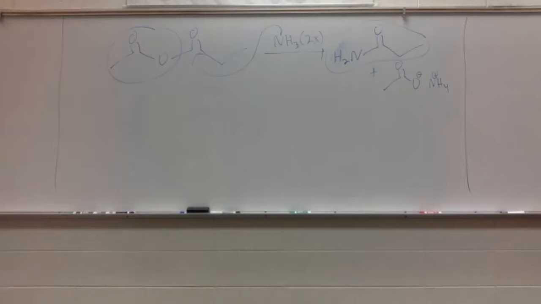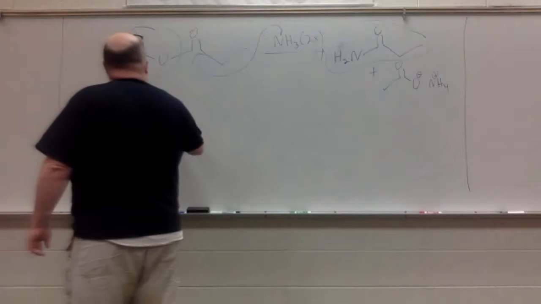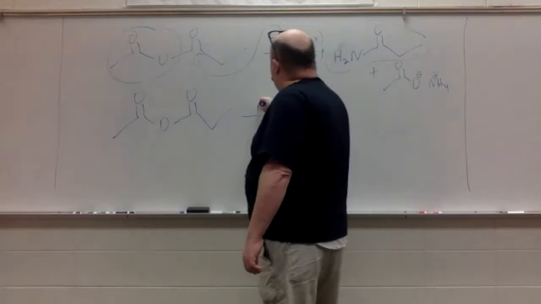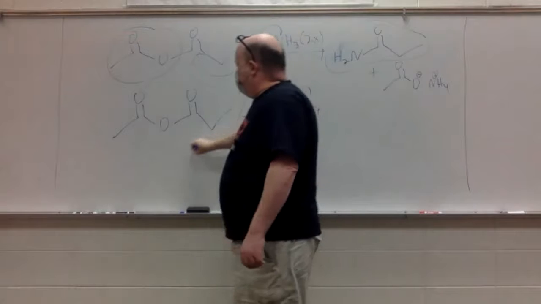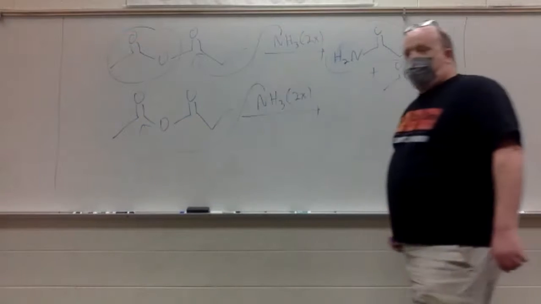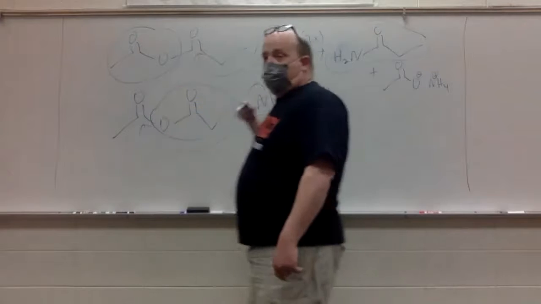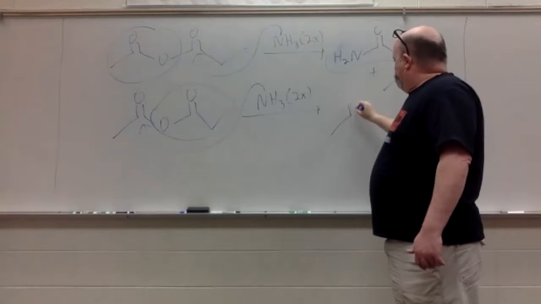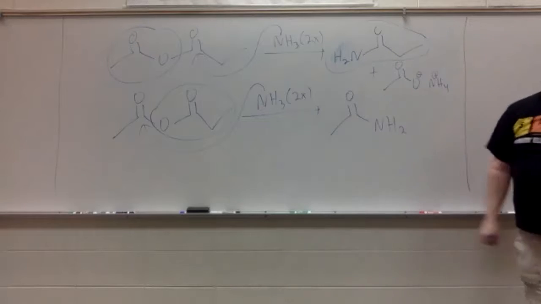Okay. Now it's important to realize, though, that's not the only place you can get attacked. You could have, of course, attacked that one instead. And if you draw out the product there, you see that this amide product is different than that one.